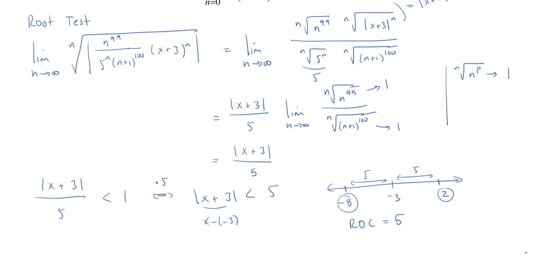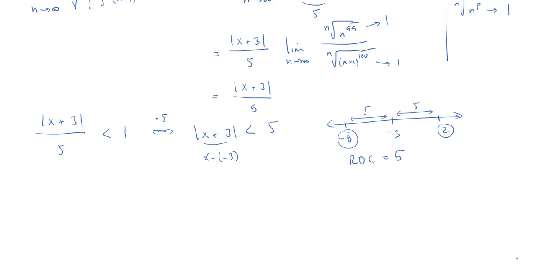All right, so let's look at what happens to our series when x is equal to -8 and when x is equal to 2. When x is equal to -8, our series becomes, starting at 0, n to the 99th power over 5 to the n times (n + 1) to the 100th, and then the (x + 3) becomes (-8 + 3) to the n.